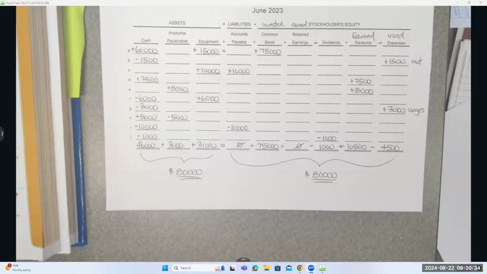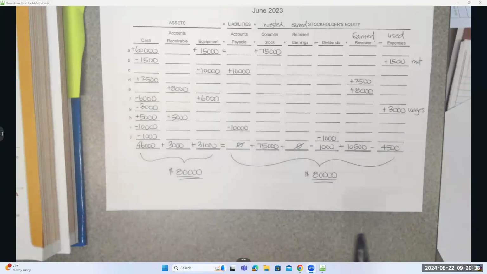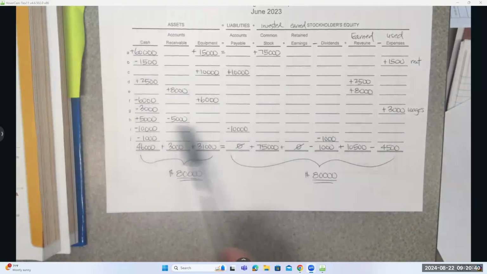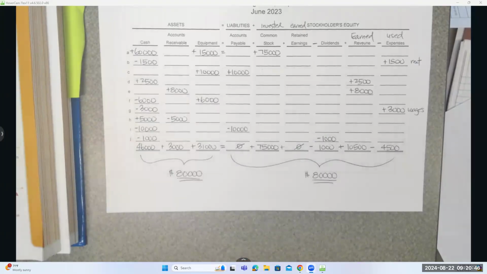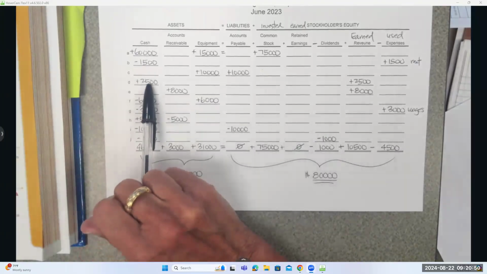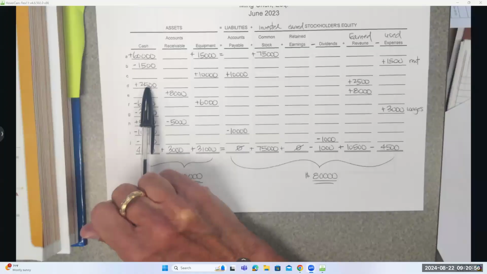As far as this goes, that's all this tells us. This is just the detail of following the money around, increasing and decreasing the accounts so that we always know where it went and where it came from. Because if the owner comes over, looking over our shoulder, and says, what did we get that $2,500 for? We never want to answer anybody's questions about our accounting records with, I don't know.